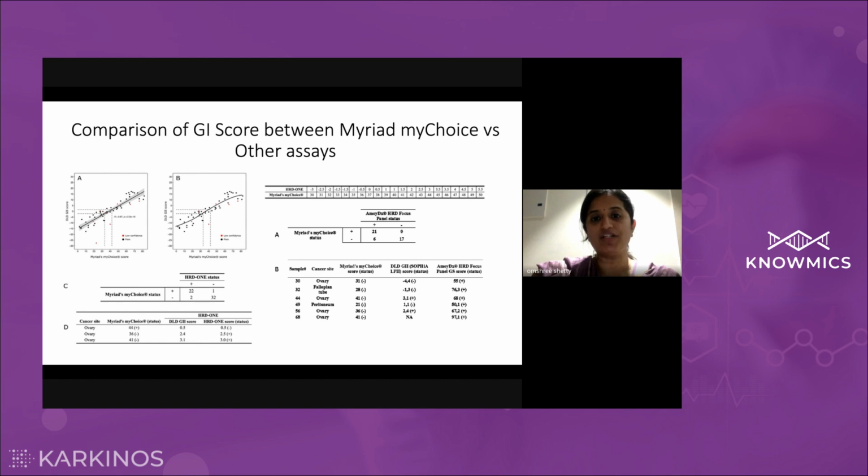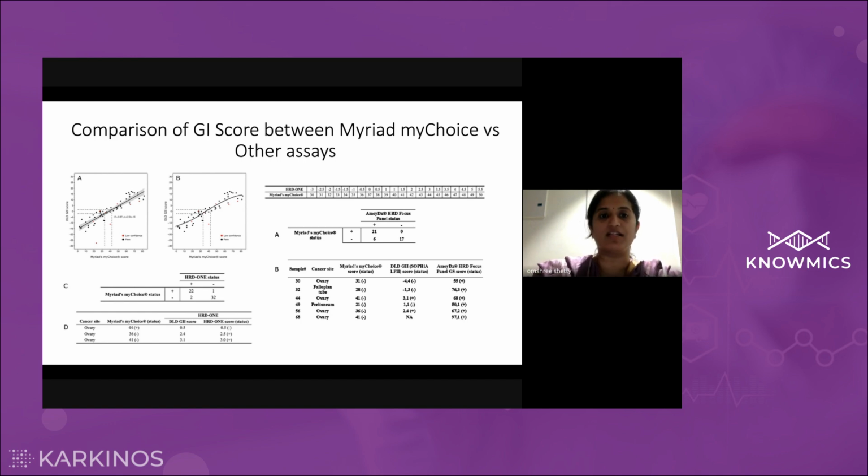And if you see on that chart, the score 0 of Sophia HRD corroborated to the Myriad MyChoice score of 37. And when it comes to assay sensitivity and specificity, Sophia HRD testing was close to 95% concordant, whereas the other kits did not hold true for this, including Foundation One, and I guess even TSO 500 has not reached that level, which has again been published.